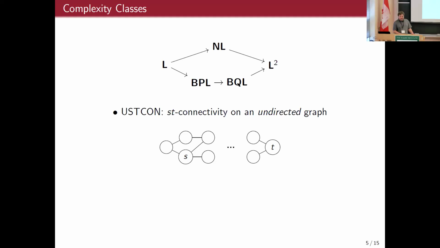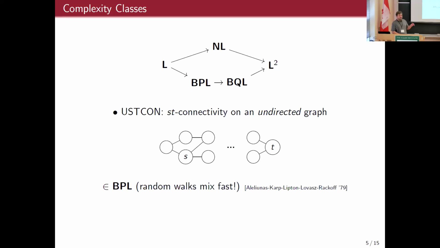And there's also the undirected version of it, USTCon, where instead of a directed graph, we're given an undirected graph, and I want to decide if S and T are connected. There's a very easy randomized space-efficient algorithm, which is essentially to do a random walk starting at S for some polynomial number of steps and see if you find T after some time.